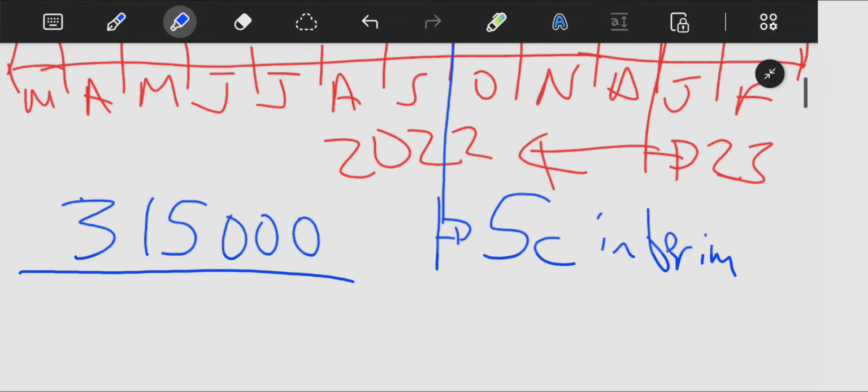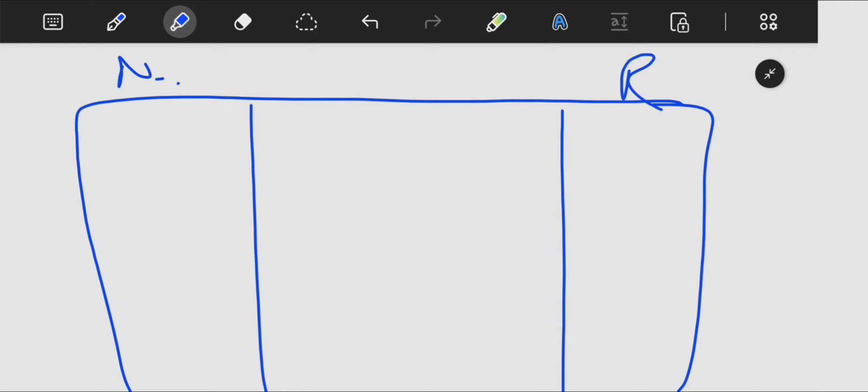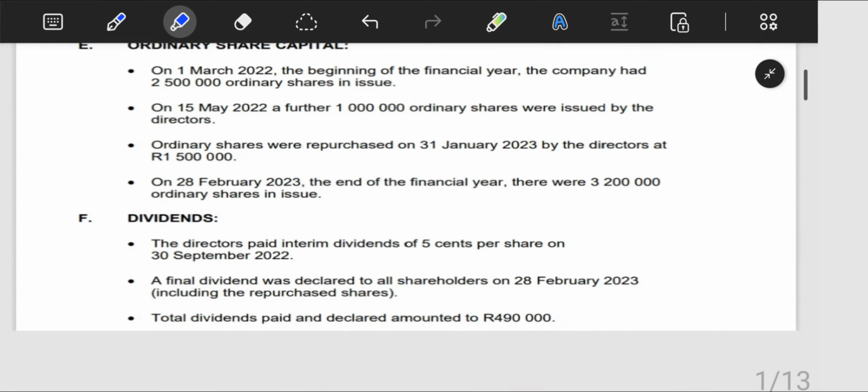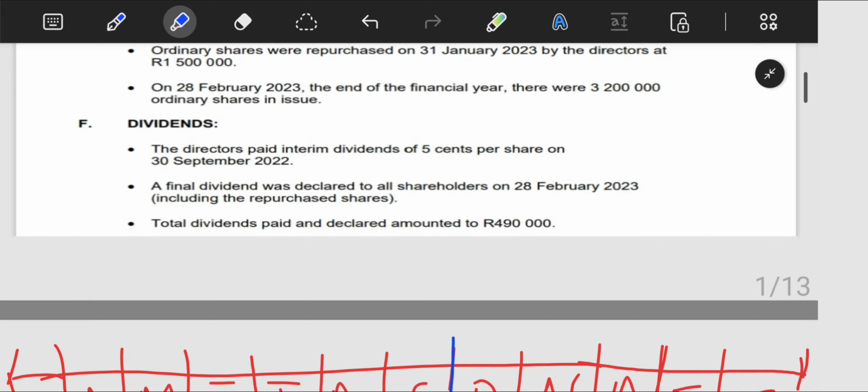You know your share capital note, where you're gonna have your amounts here, and then you're gonna have your number of shares here, and then here you're gonna have the story. And then at the beginning, we had how many number of shares? We had 2.5.